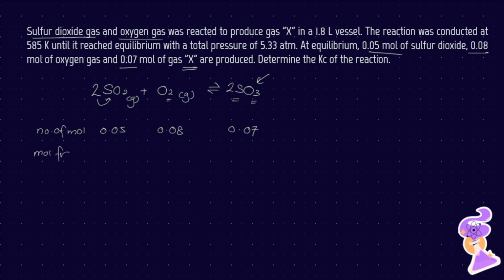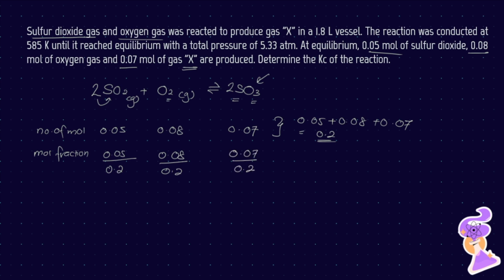So the mole fraction is equivalent to, we are going to do one by one, 0.05 divided by the total. So you just have to write 0.05 plus 0.08 plus 0.07. This should be equivalent to 0.2. So here you need to divide by 0.2. Same goes for 0.08 divided by 0.2, and here is 0.07 divided by 0.2.